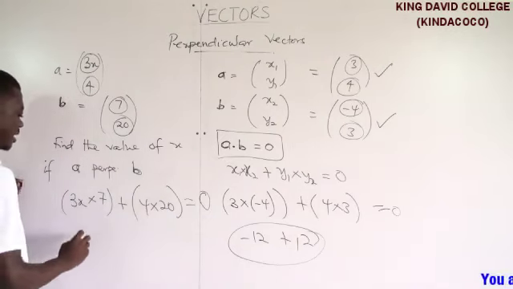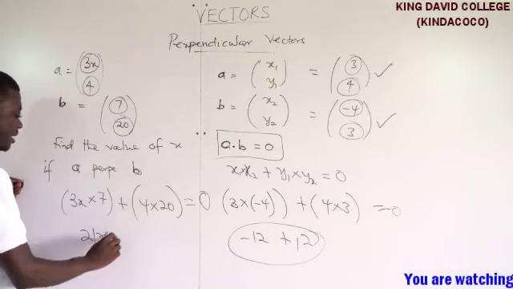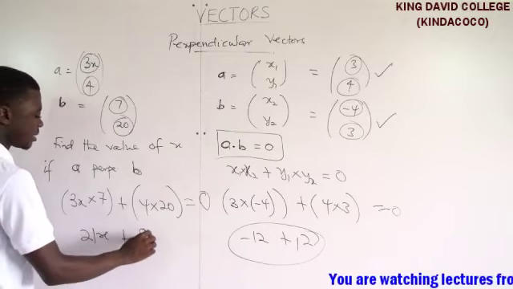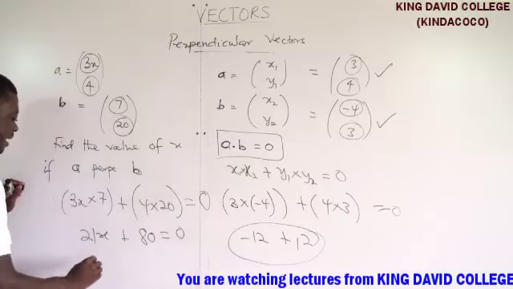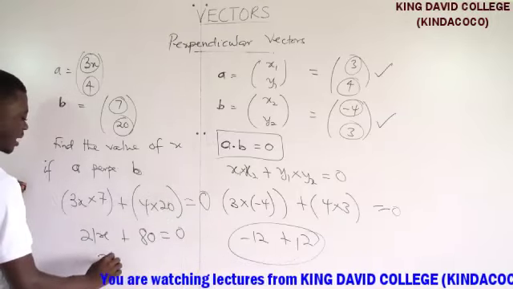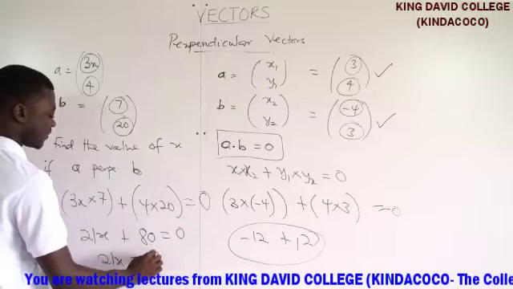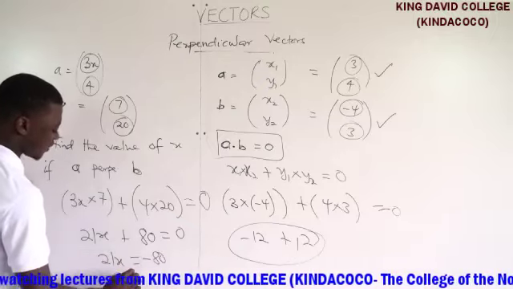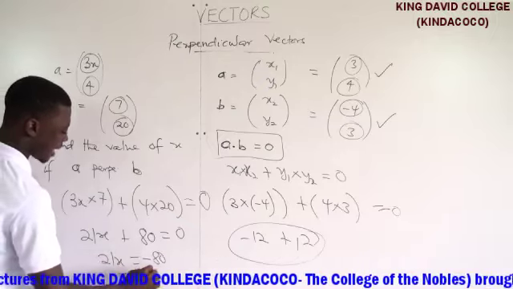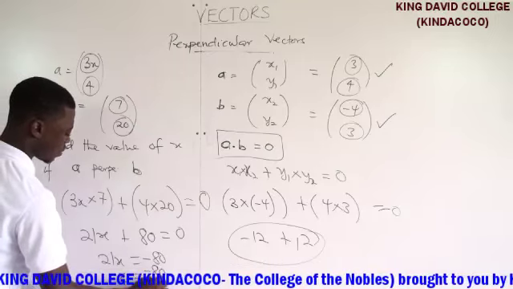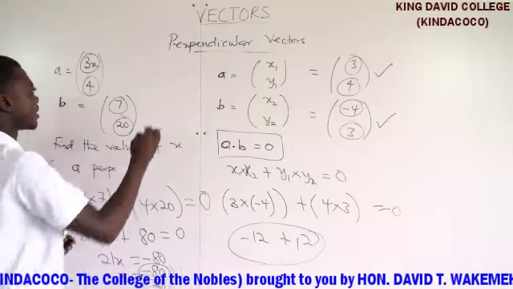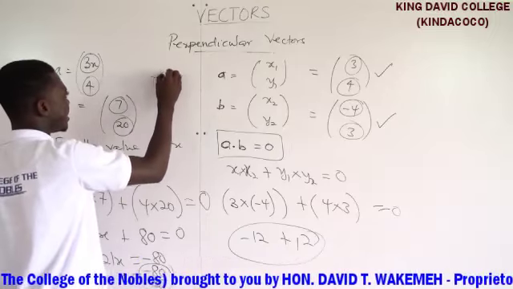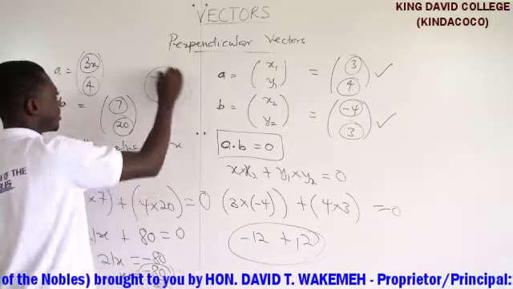So this one here is going to be 21x plus 80 should be equal to 0. So when we send 80 here, it's going to be 21x is equal to negative 80. Hence, the value for x is going to be minus 80 over 21. So the value for x is just going to be minus 80 over 21.